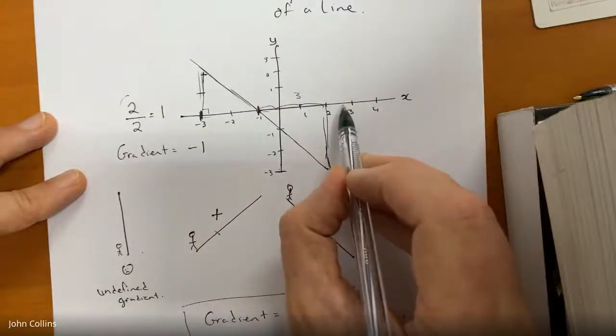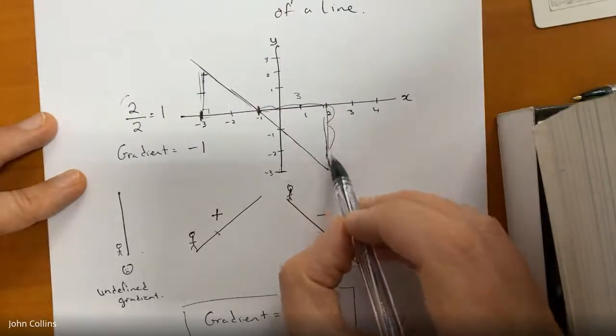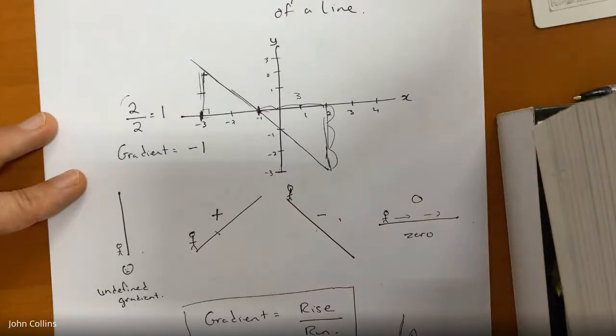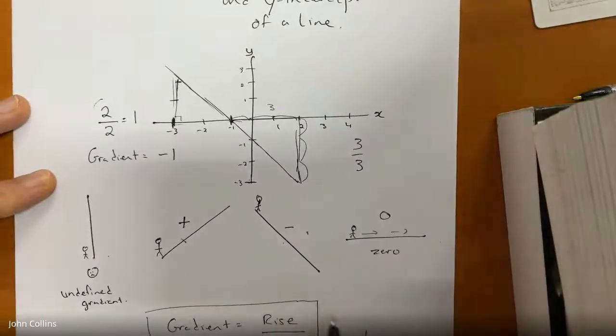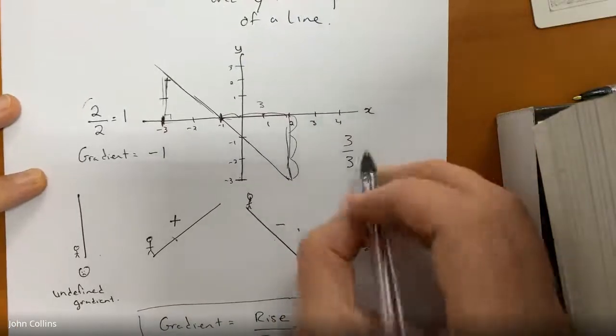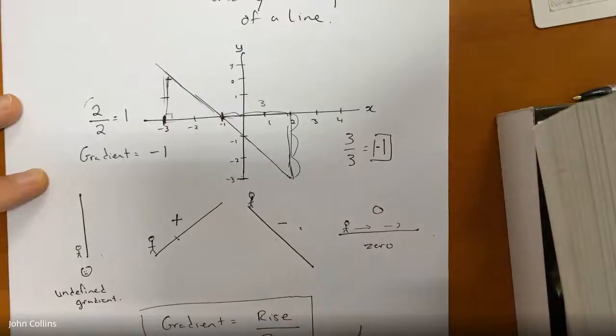So that's a run of 3. And it goes 1, 2, 3. And the rise is 3. Well, it actually goes down 3. You can see it's going to be the same ratio. 3 over 3, which is also 1. And then it's downhill. So minus 1 is the answer.